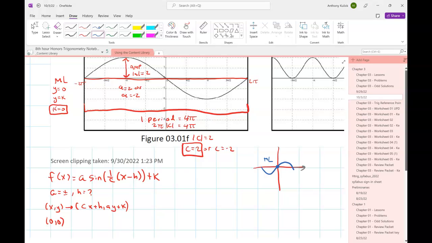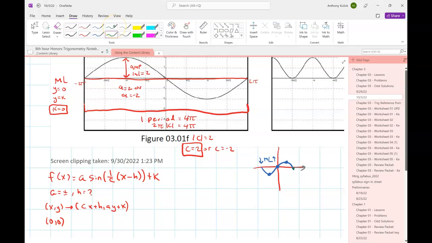Notice that this is a midline point that precedes a maximum and is preceded by a minimum. You guys kind of see that? We have a minimum, the midline point, and a maximum. The notation I'm going to use for that is down, midline, up.